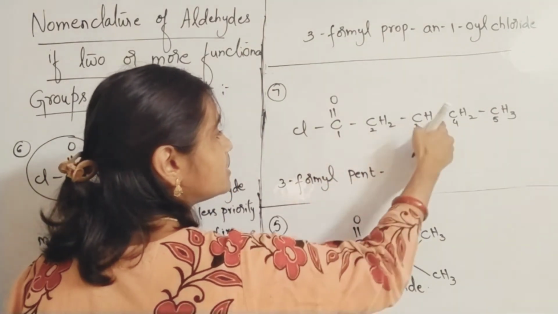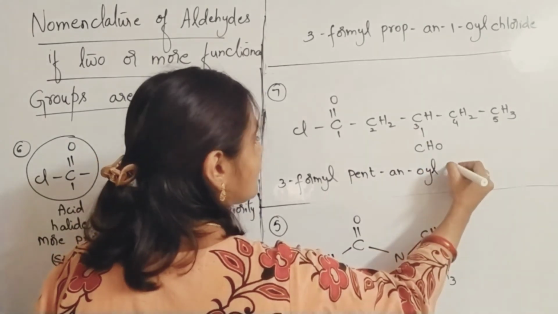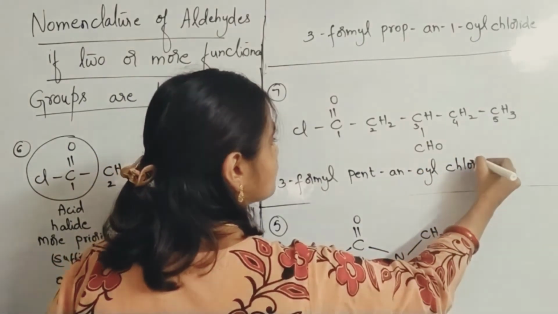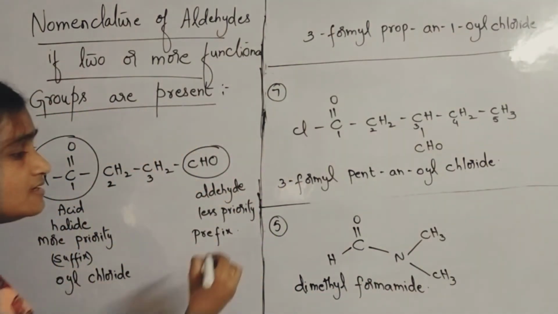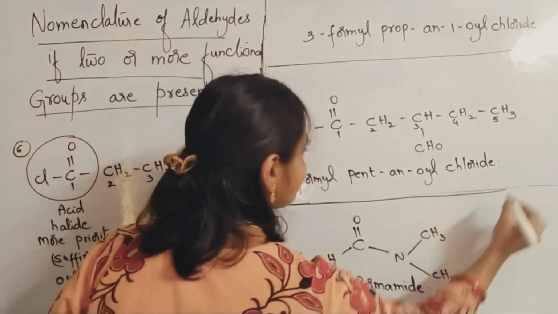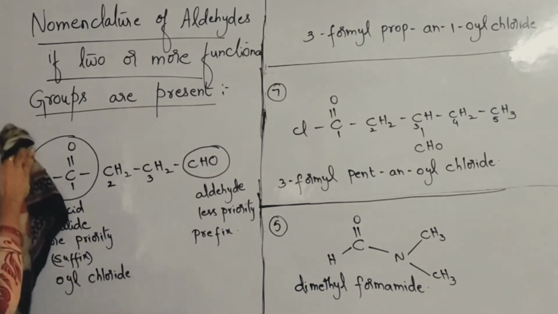And all single bonds are there, so an oyl chloride. 3-formyl pentanoyl chloride is the name of this compound. Okay, please note down carefully. Pause the video, try to understand, and then write carefully. Okay, now we will be doing some miscellaneous examples.